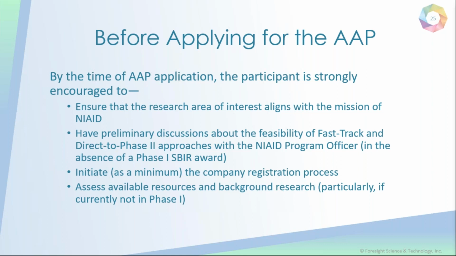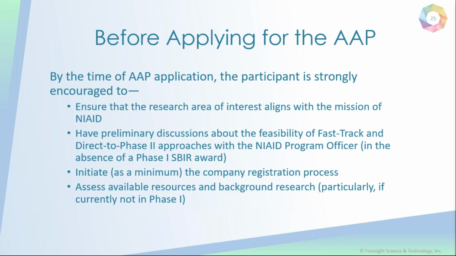You need to understand that both fast track and direct to Phase 2 are difficult mountains to climb, and for companies with limited SBIR STTR experience, I think Phase 1 application seems to be the most logical decision.